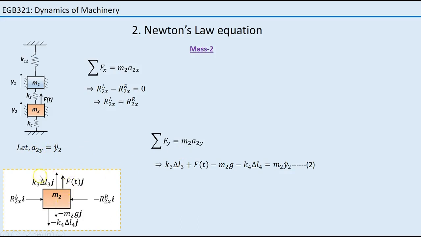The forces acting on the mass which are upward are positive, so we get K3 del L3 plus F(t), which is the external force, and we get two negative components acting downwards, which are negative M2g and negative K4 del L4, equal to M2 y2 double dot. Let's consider this equation 2.